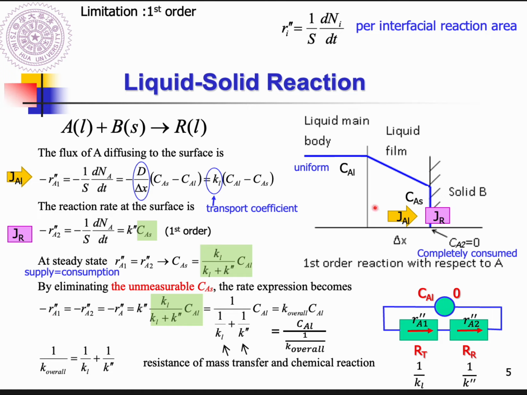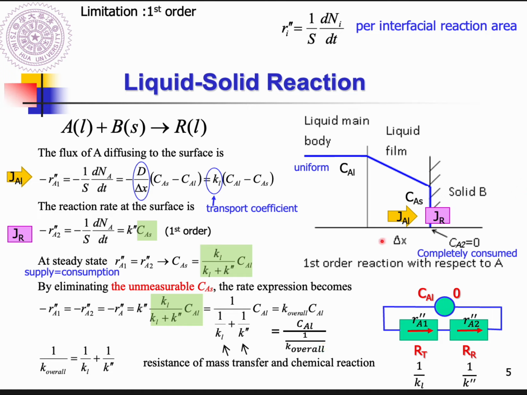And by the way, this kind of increase in the concentration of reactant A will destroy the chemical equilibrium under these situations. So under those situations, it's difficult to estimate the rate equation for this type of heterogeneous chemical reaction.